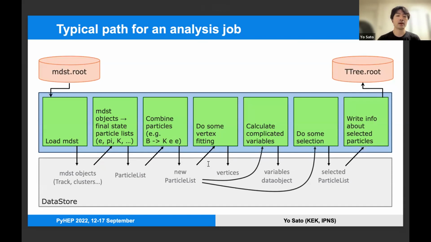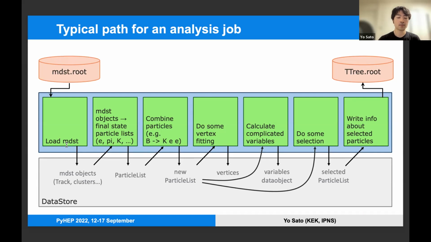And here is the typical path for an analysis job. So here we want to process MDST objects to produce some particle level information in the T3. Again, the green box is the module, the blue is the path, and the gray is the data store.